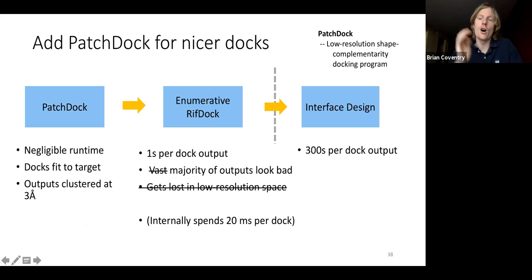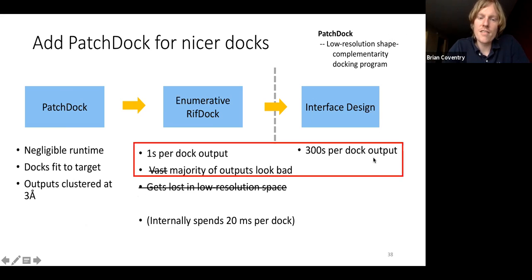I mean, we went from almost all of them being bad to now only most of them being bad. But now there's a problem here. The problem is that RiffDoc's outputting bad outputs once every second, but the interface design takes 300 seconds. And so you'd like to bridge this gap and maybe only design things that look good and not design everything.